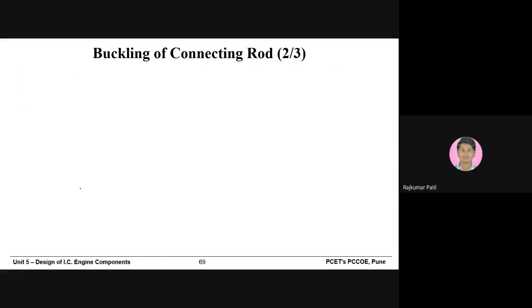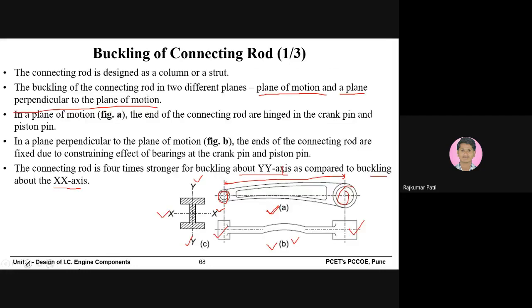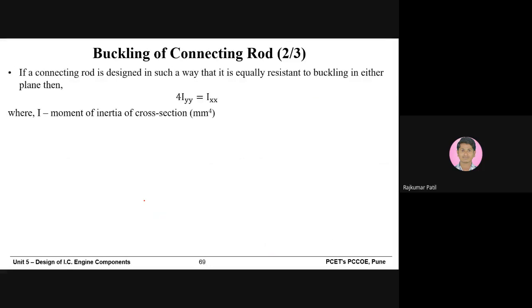So before going ahead, please remember that in the plane of motion we are considering axis xx, and in the plane perpendicular to the plane of motion we will consider axis yy, because we are going to take moment of inertia as well.